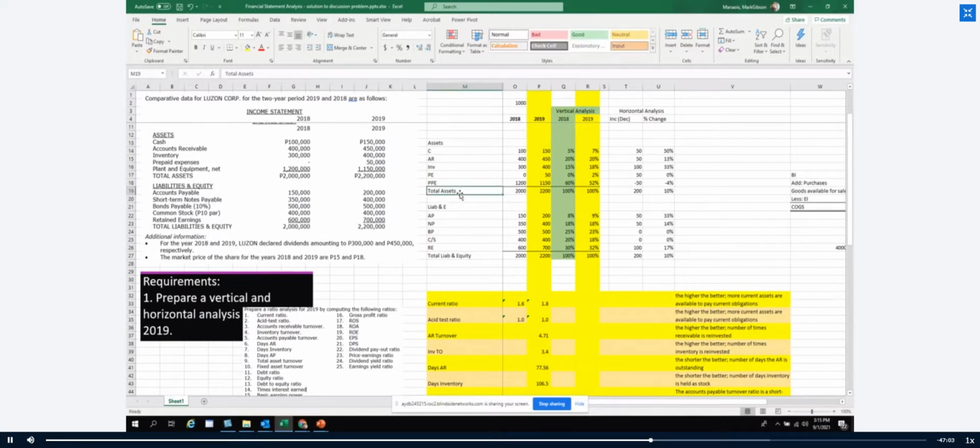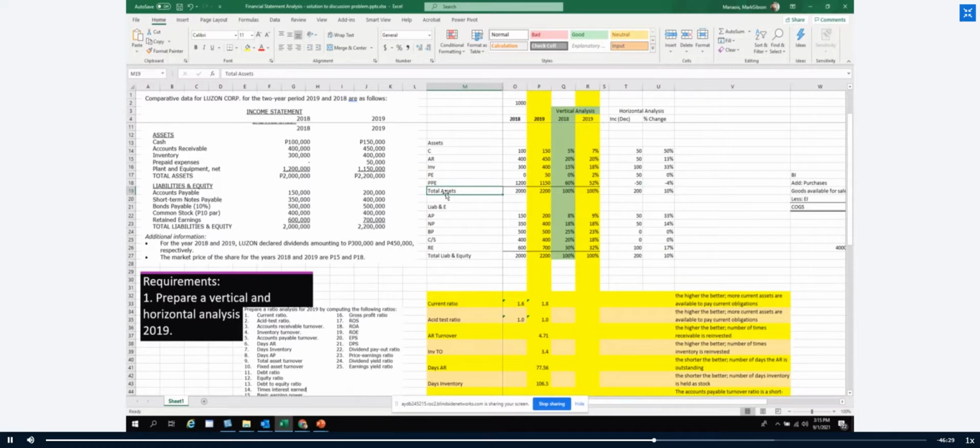You can't use your cash as baseline, because cash is just part of your total assets. Now, what if your manager would like you to assess current assets only? Of course, your current assets would be your baseline. That will be your 100%. It's really case to case basis, but in this case, we're looking into total assets.